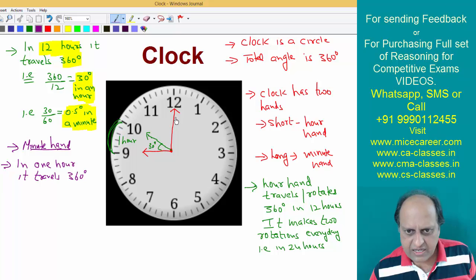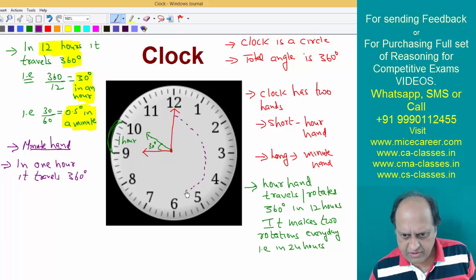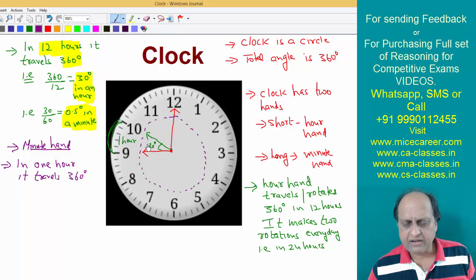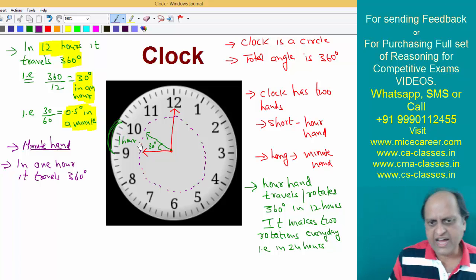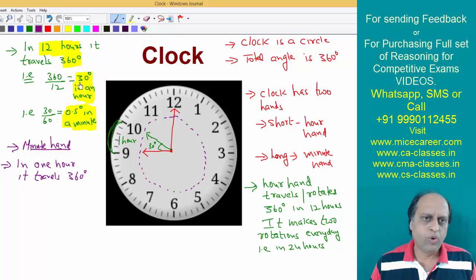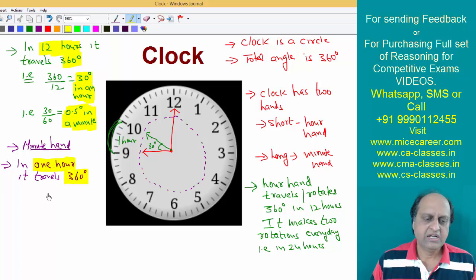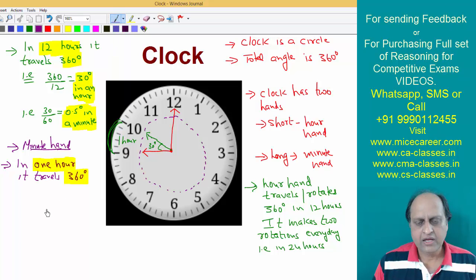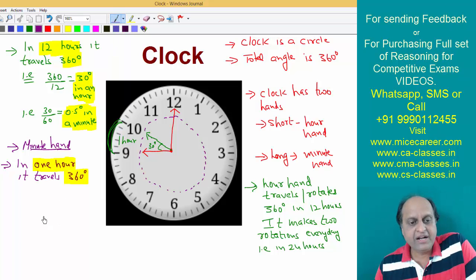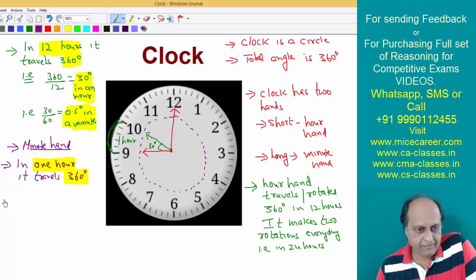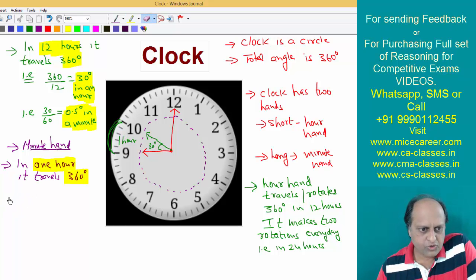Now this minute hand will rotate the entire clock in 1 hour. So the time taken to travel the entire clock, that is the entire 360 degree, by the minute hand is 1 hour. Which means, now it has two meanings.